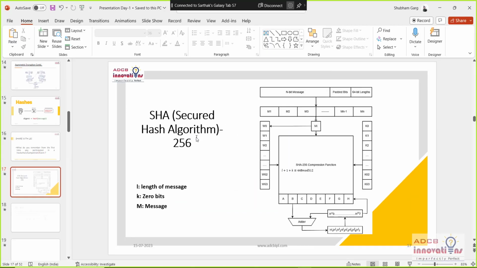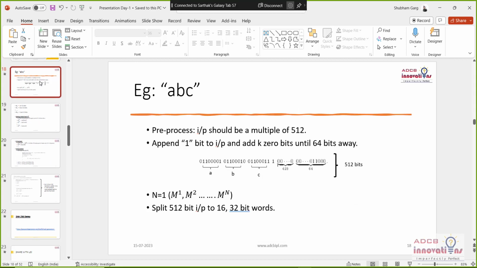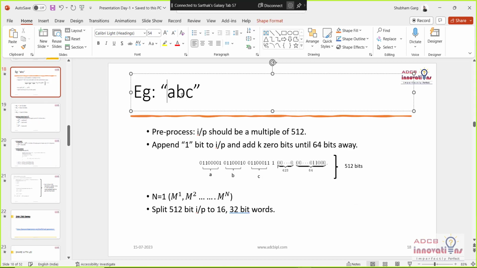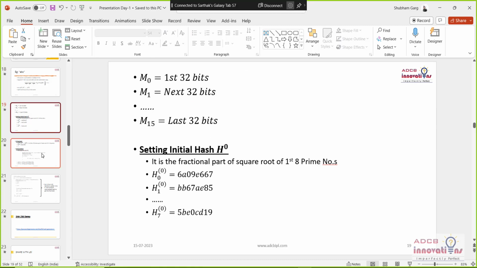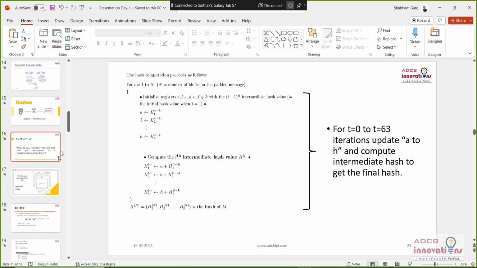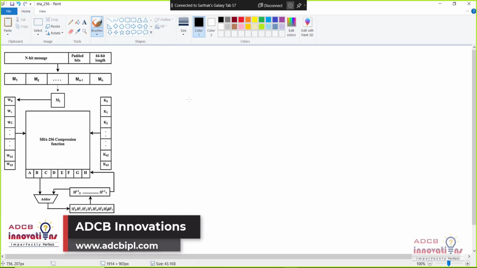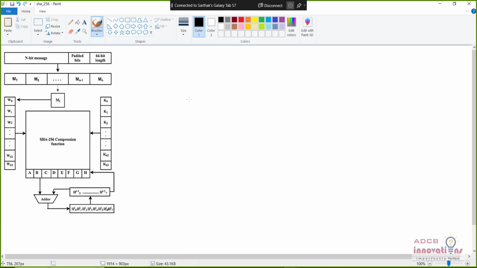We will do this with an example: in the slides, we will be hashing the string ABC and see how the hash is generated using the SHA 256 compression function. Here you can see the block diagram of SHA 256. Now let me open Paint so we can understand this.